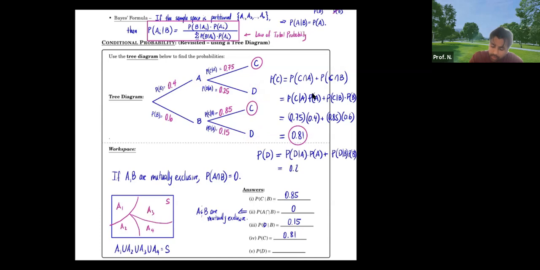That'll be 0.25 multiplied by 0.4 plus 0.15 multiplied by 0.6. So then what do I get when I do that computation? 0.25 times 0.4 plus 0.15 times 0.6. I get 0.19.